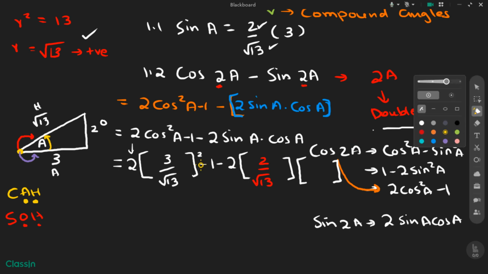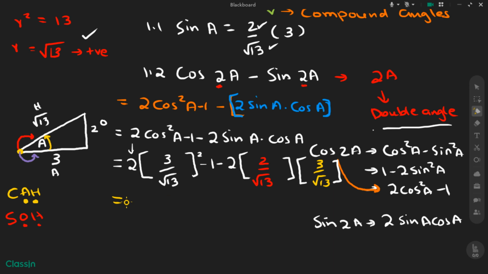Then I come again and put cos. Cos, you said, is 3 over root of 13. I have done the correct substitution. You can now press the calculator because what we want to see is this.